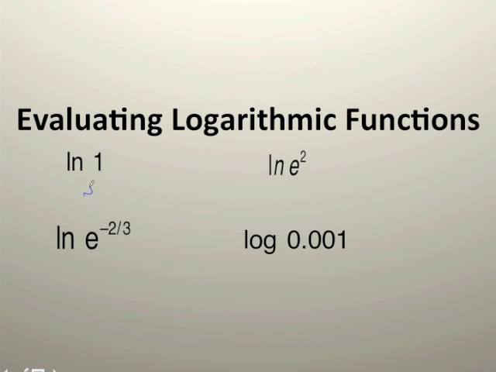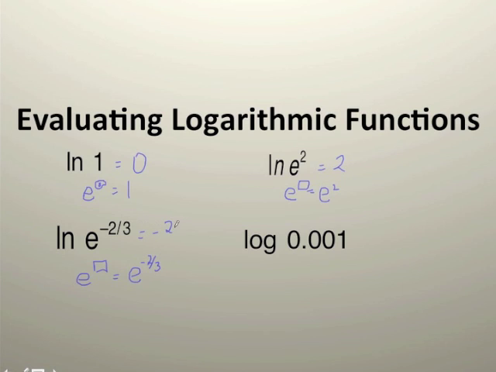What power do I raise e to get 1? To get 1, it's always raised to the 0 power. What power do I raise e to get e to the 2nd? 2. What power do I raise e to get e to the -2/3?